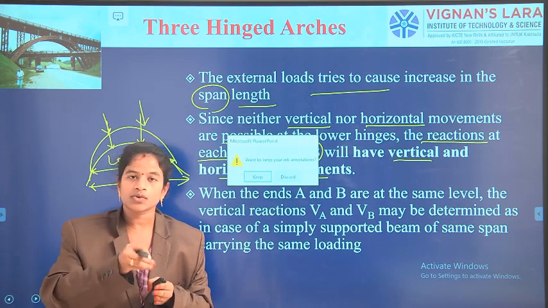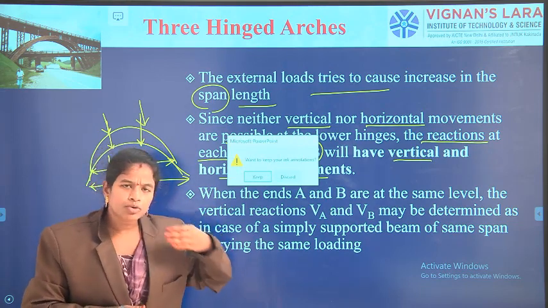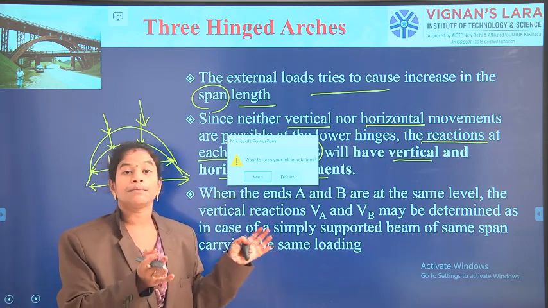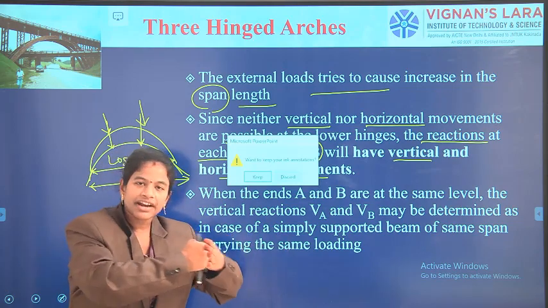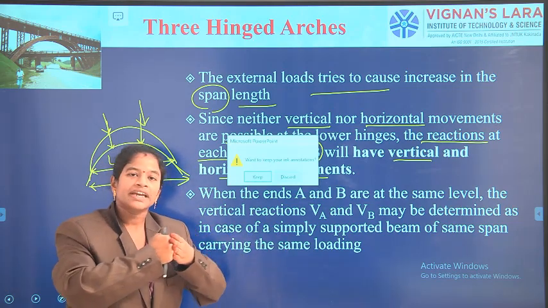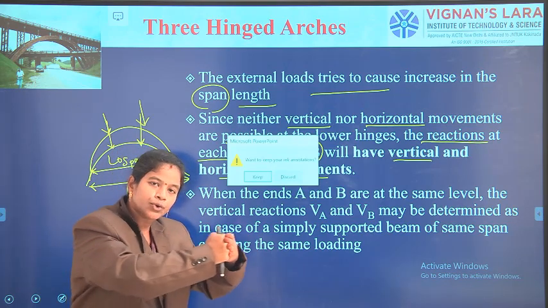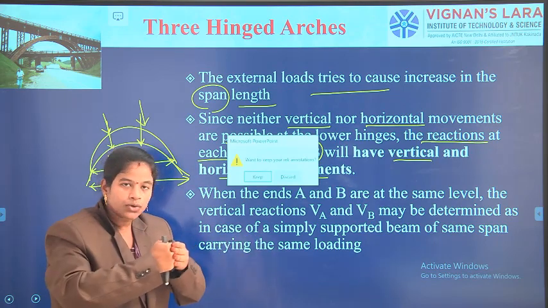In those directions only, reactions generate, right? When it is moving in a direction happily, no one is stopping, so it will move on. But when I am stopping it, it will still try to go away. That's why it gives the reaction component. However much it is trying to go away, my support reaction comes to stop it.